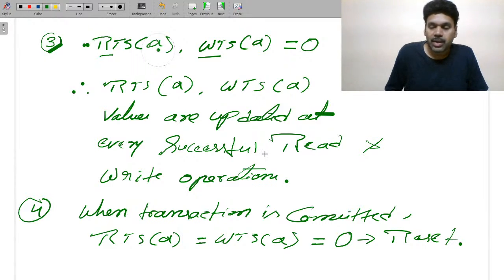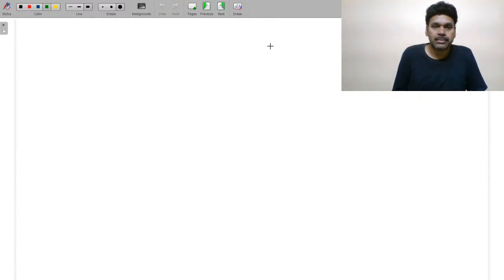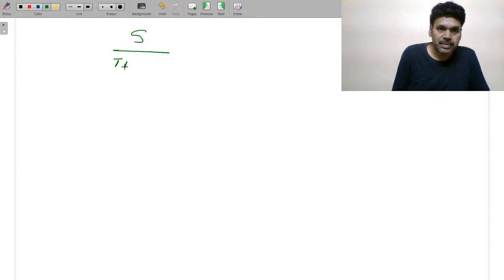Now, once you observe carefully, friends, let me give a few important points to look at. There is a schedule S which consists of T1 and T2. Observe, friends.